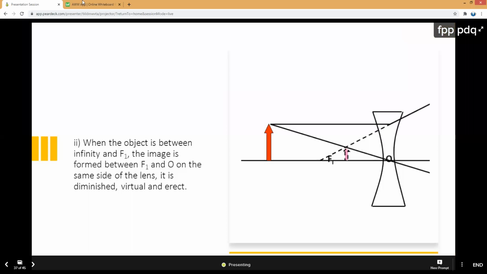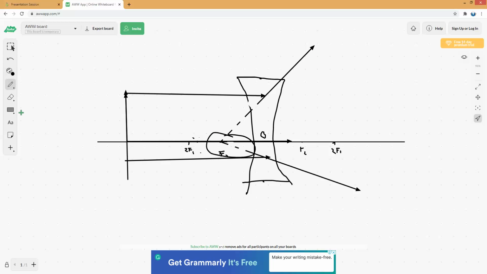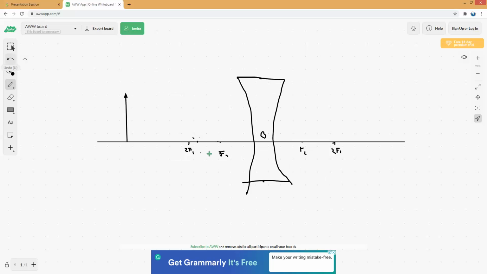Next one is when the object is placed between infinity and the optical center. So when the object is placed anywhere, to make it easier to explain, you can keep your arrow anywhere. So let's take it over here.